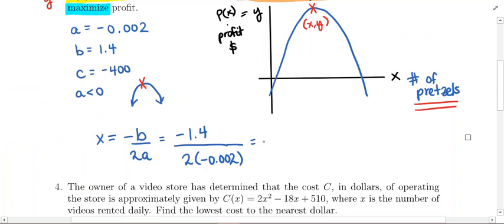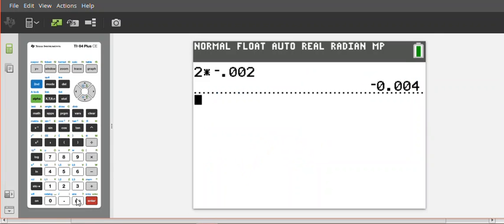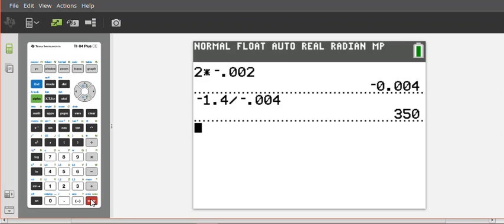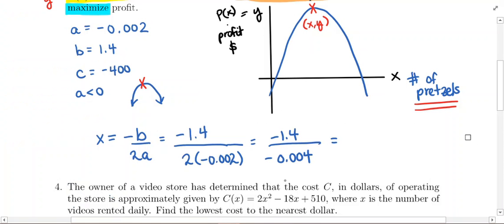So this is going to be negative 1.4 over negative 0.004. The negative divided by negative will become positive, and you can confirm that on a calculator. Negative 1.4 divided by negative 0.004. There's the answer: 350.